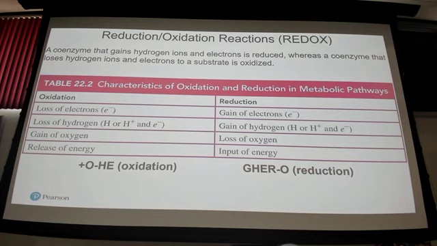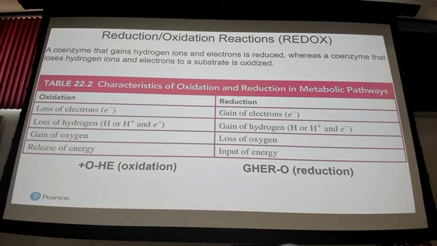So an oxidation reaction can have all or one of these components, and that's enough to make it an oxidation reaction. For reduction, you see that there is a gain of electrons and/or hydrogen ions, a loss of oxygen, or input of energy, and so a reduction reaction contains one or all of these in order for it to be a reduction reaction.